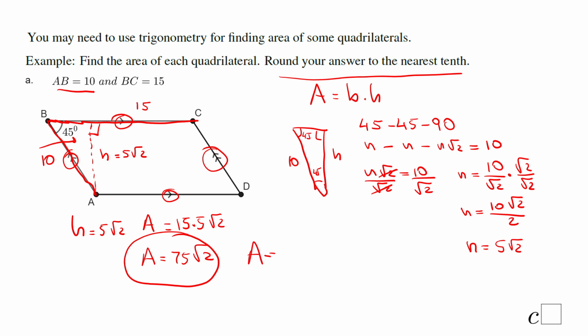I end up with 106. And since I need to round to the nearest tenth, I'm gonna copy the first two decimals. It's 0.6. This is 6, so I'm gonna round it to 106.1. This is the answer we're looking for in this case. Be careful with the rounding.